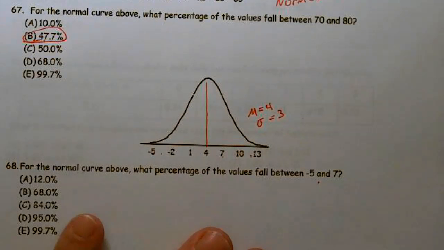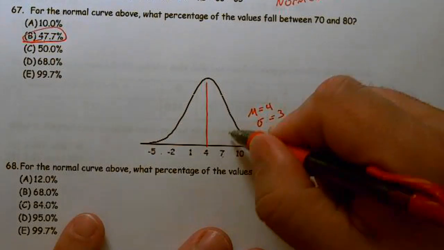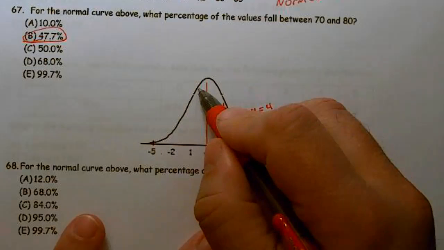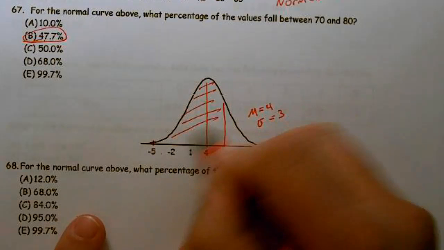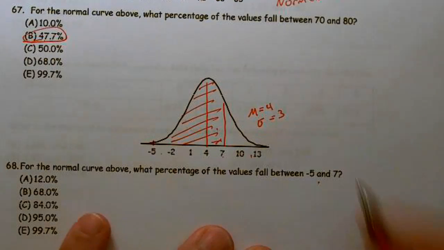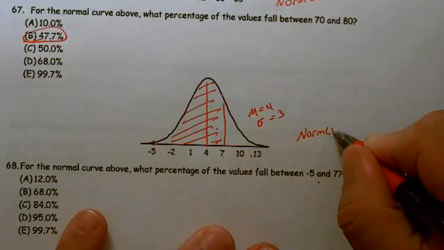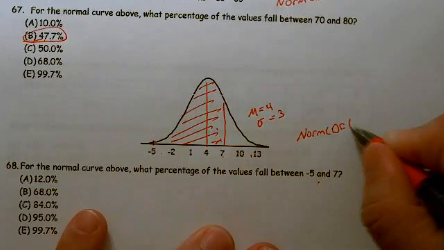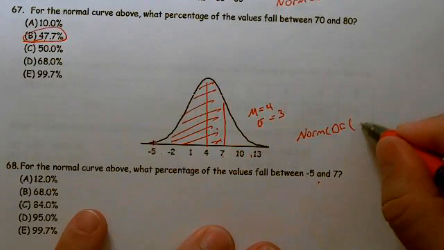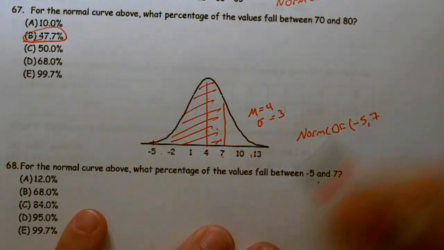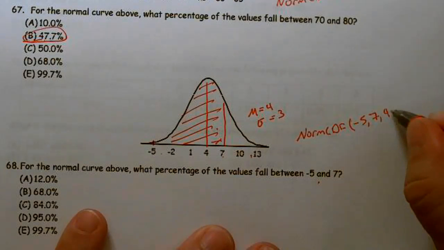Okay, and they went between -5 and +7. So this is the area of interest. So this would be a norm CDF. In this case, our lower happens to be -5. Our upper, by the picture, happens to be 7. Our mean is 4. And our standard deviation is 3.